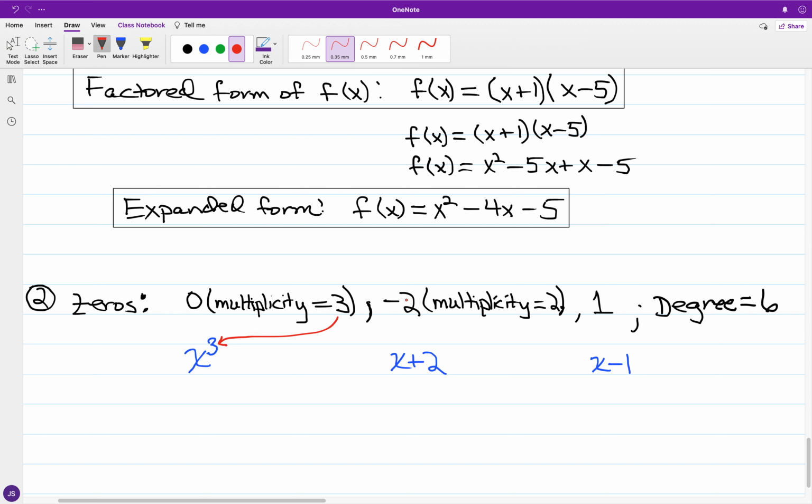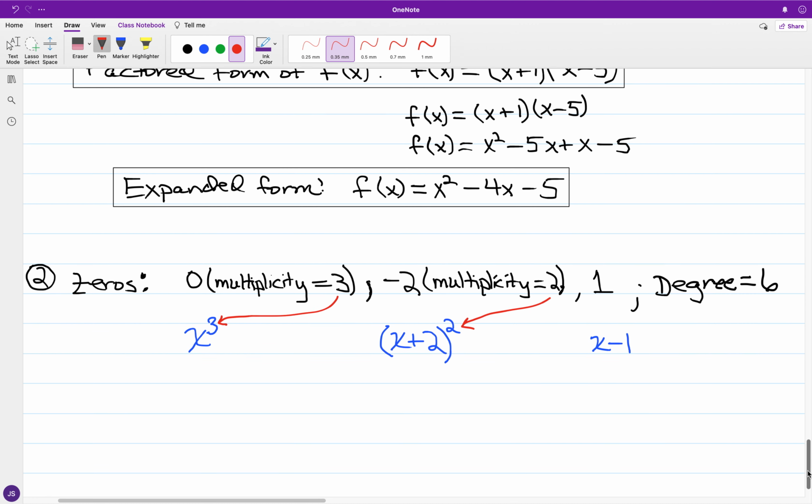And with -2, okay, I have x plus 2, but since -2 has a multiplicity of 2, this binomial is not going to be just x plus 2, but it's going to be x plus 2 raised to the second power. And with 1, okay, there's no raised multiplicity, so if it is not explicitly provided, the multiplicity is just 1, so this factor here is going to be raised to the first power.